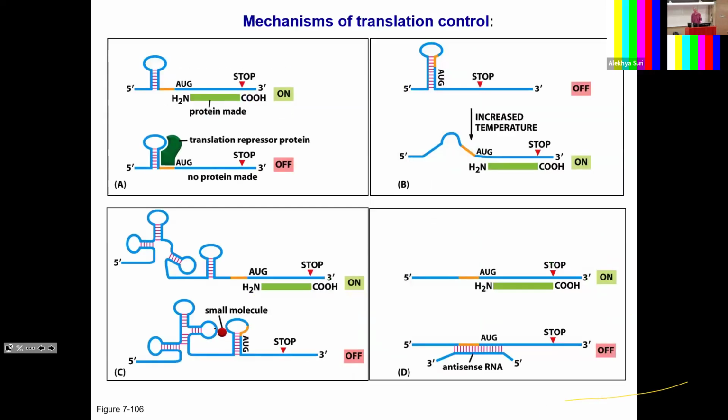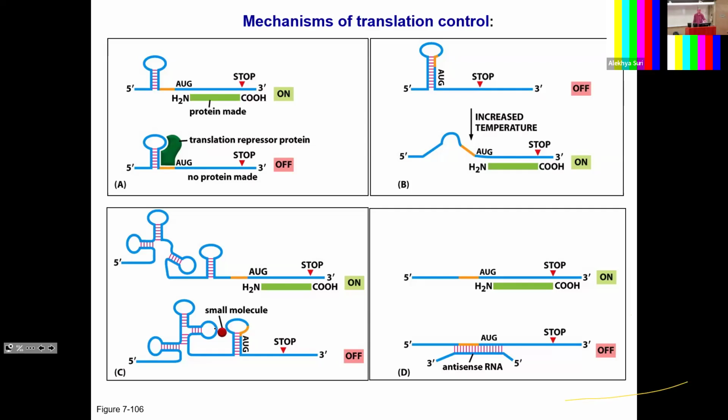Okay, then translational control means that the first step in translation is binding of the ribosome. The ribosome will bind to the so-called 5' end of the messenger RNA, and there's a loop. Sometimes it's, I think, the Shine-Dalgarno sequence, or it forms what's called a stem loop.